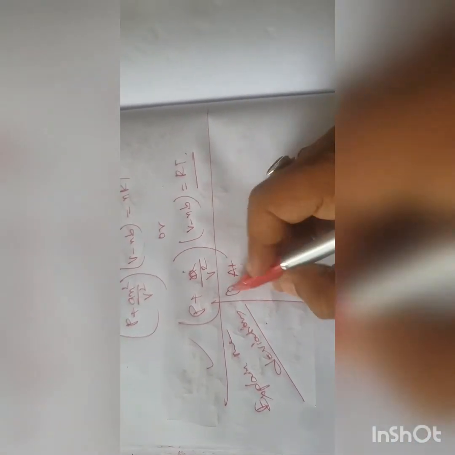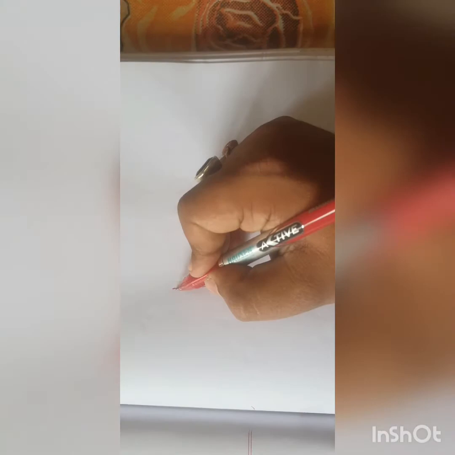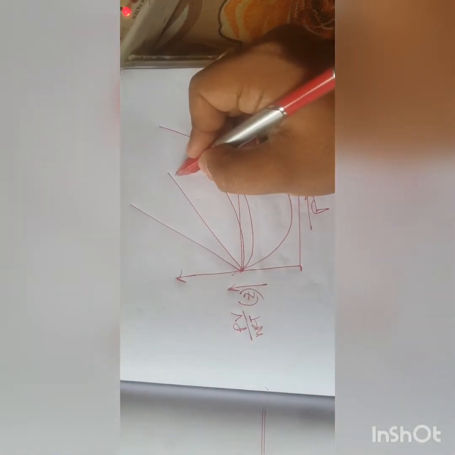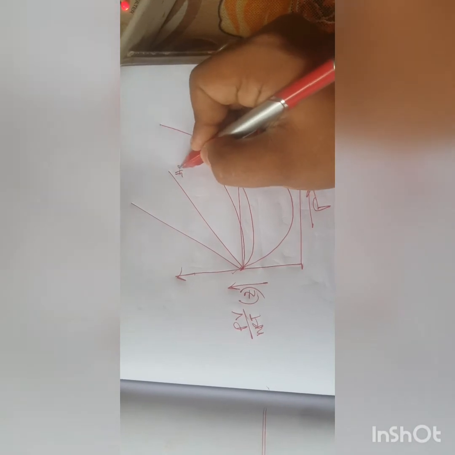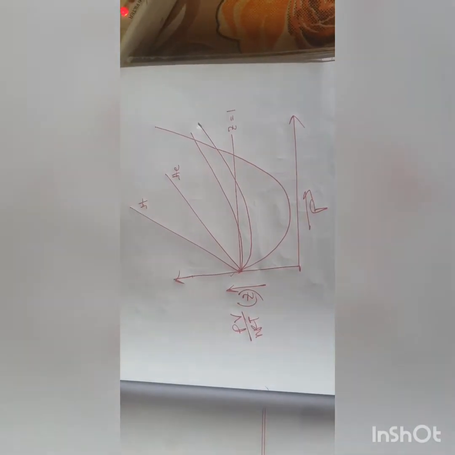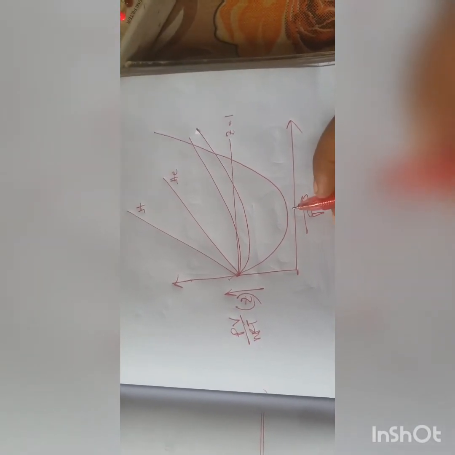I'm drawing the graph for you. Wait, I'll do it in the next copy. Now this was for helium, this was for hydrogen. Let us do it in this way.